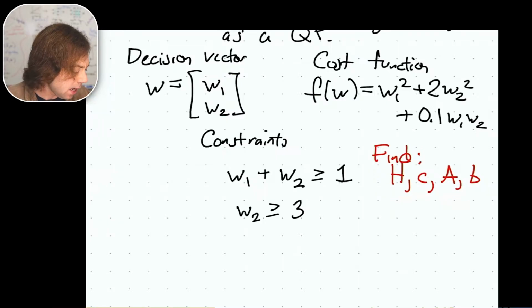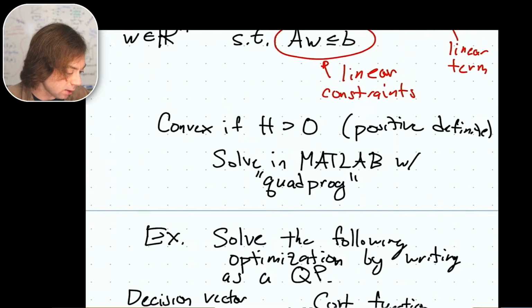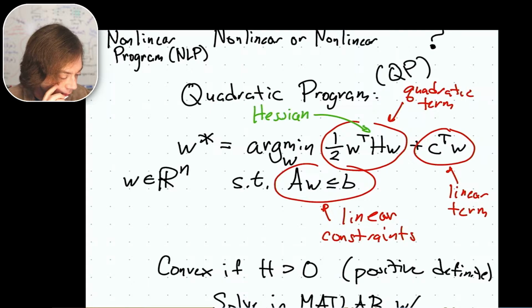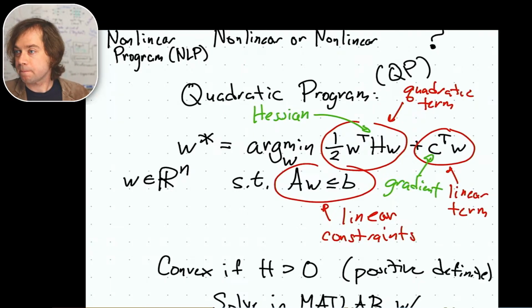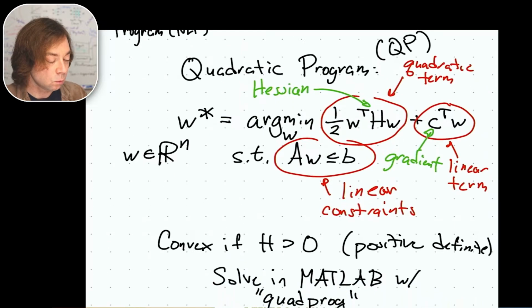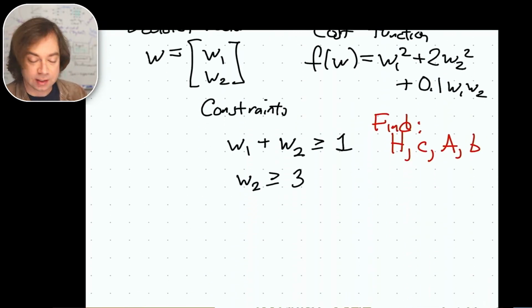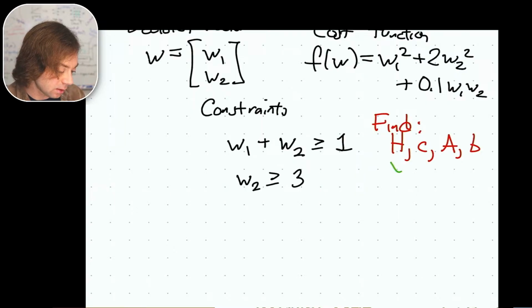Okay. Now H, let's go back up a little bit. That H, that's the Hessian of your cost, right? And that C, that's the gradient. Okay. And like with linear programming, all of these matrices, H, C, A, and B, are going to be filled with constants.